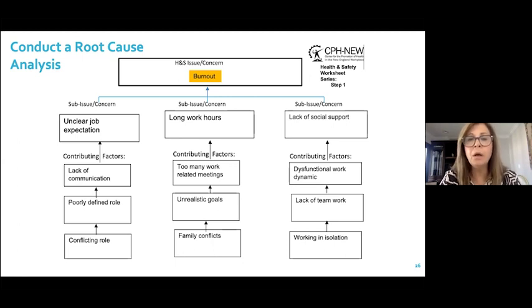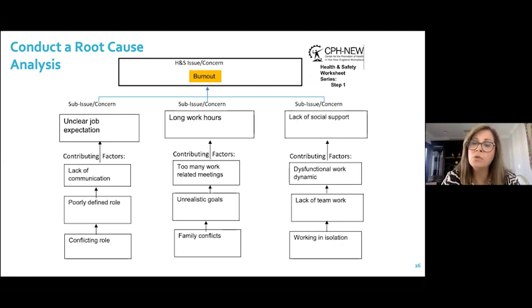For long working hours, the contributing factors, they said, are that we have too many meetings during the day, which take away from the actual work time, and in order to complete the task, we have to stay longer. They also said the management has unrealistic goals, and therefore we are not able to complete the task by the end of the day.